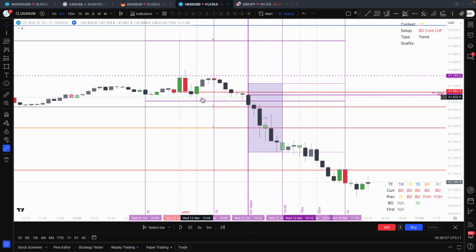Here is first hour high and low, so they break down from the first hour. That's bearish. Then they break down the 4-hour here, also bearish. They break down the 8-hour, also bearish. So open box just pushes down, makes a new low.